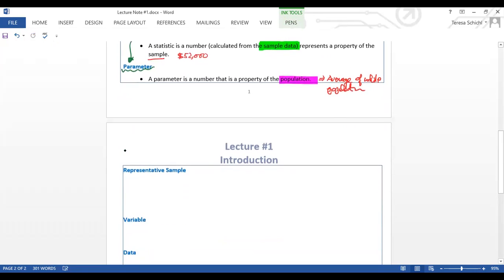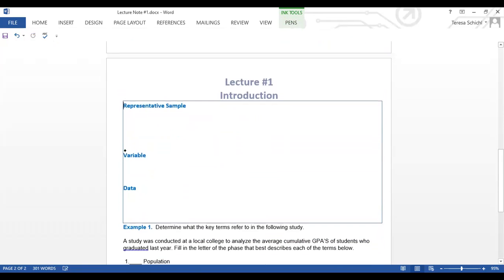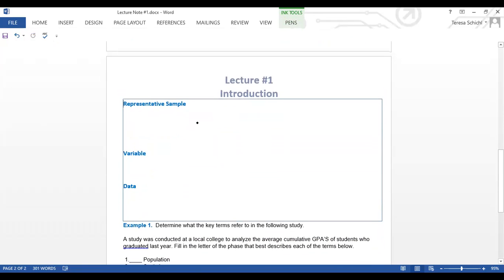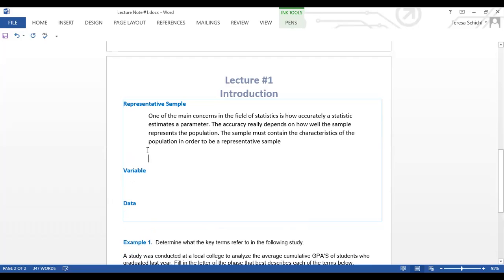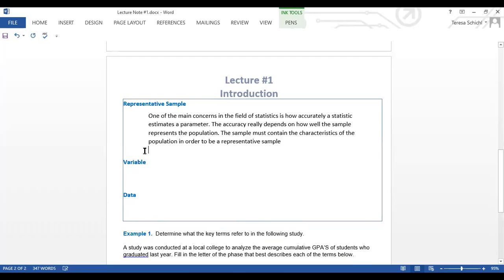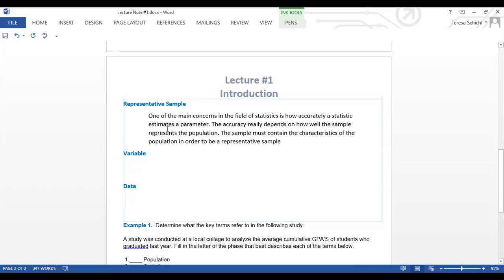Okay, now let's take a look at the next one, which is the representative sample. What is a representative sample? One of the main concerns in the field of statistics is how accurately a statistic estimates a parameter.